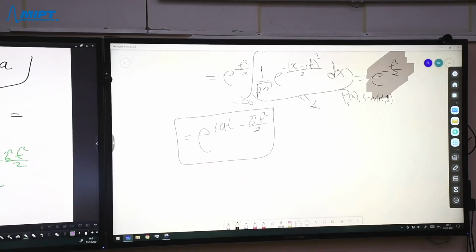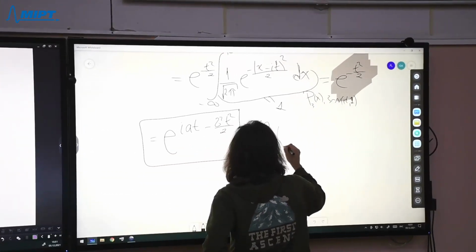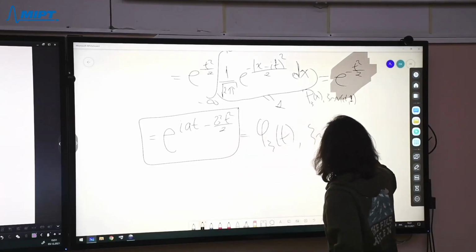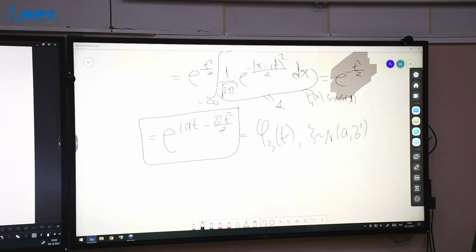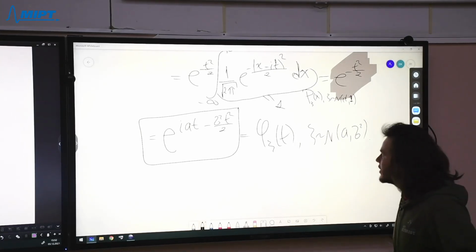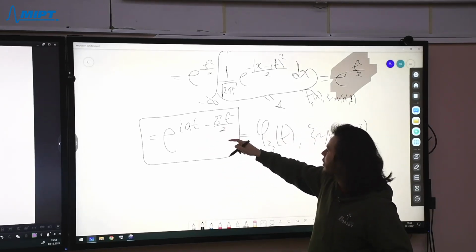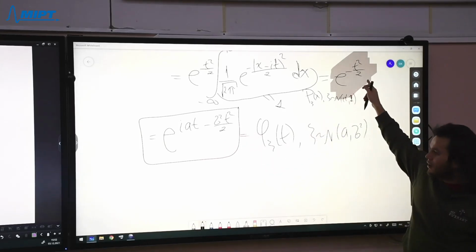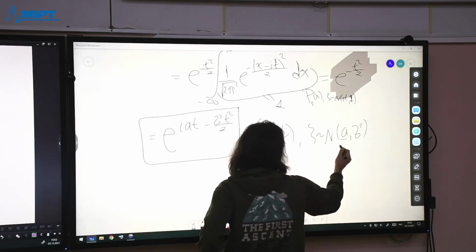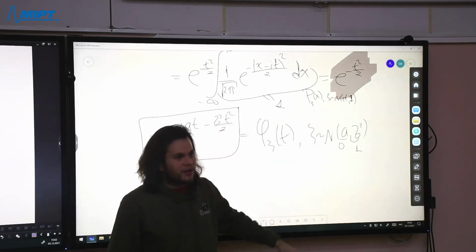This is the characteristic function of a random variable such that psi has a normal distribution with parameters a and sigma squared. And you can see that if we say that a is 0 and sigma squared is 1, then we just get e to the minus t squared over 2. So everything is okay.